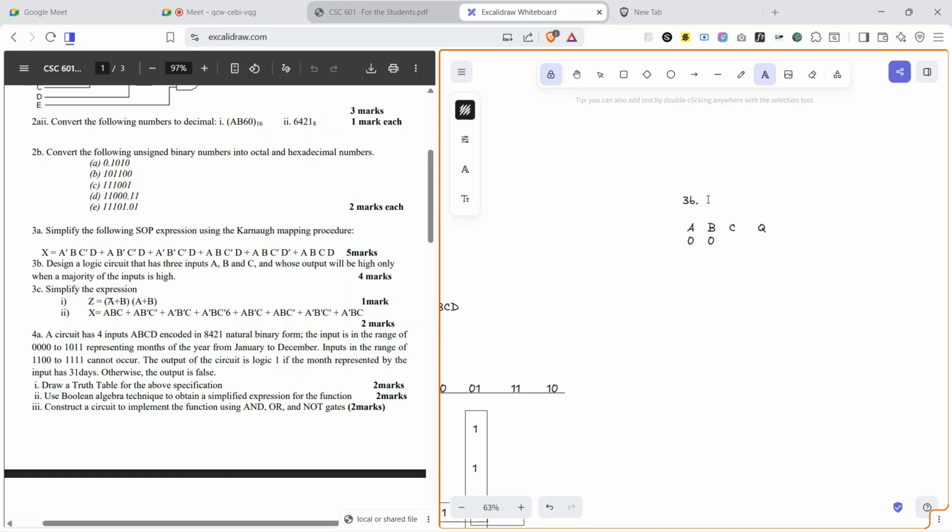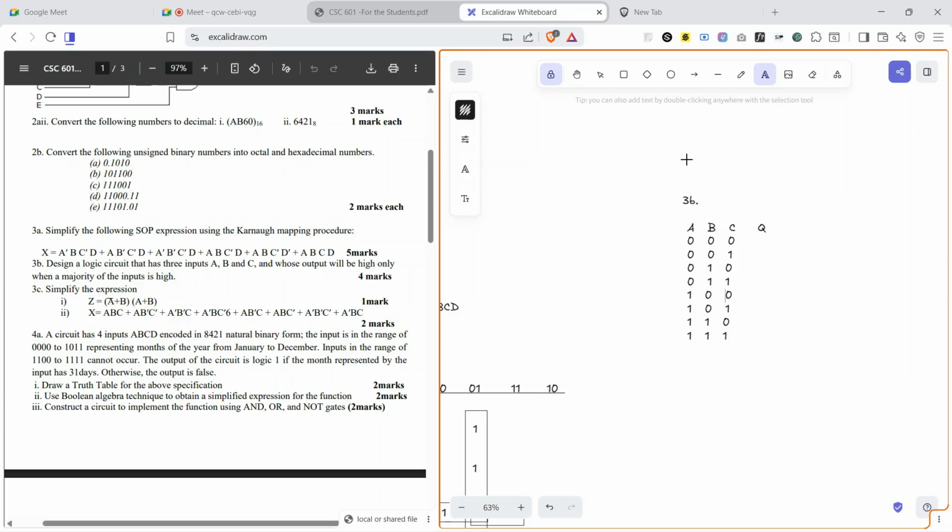So this is going to be 0, 0, 0, 0, 0, 1, 0, 1, 0, 0, 1, 1, 1, 0, 0, 1, 0, 1, 1, 1, 0, and then 1, 1, 1.